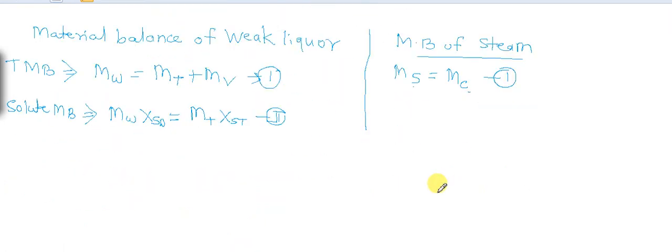Now below this we'll write down the energy balance equation for steam and weak liquor.